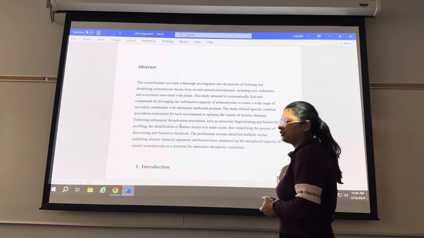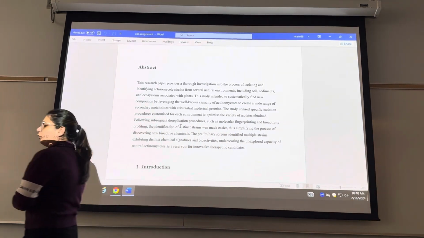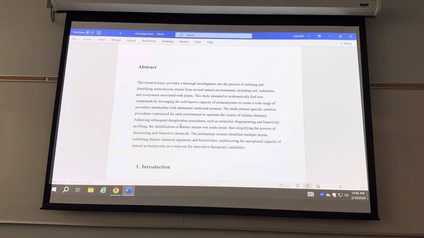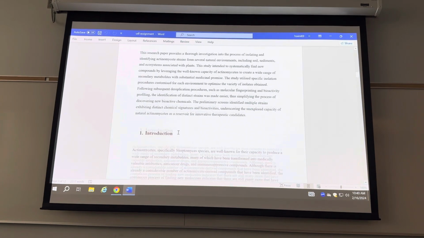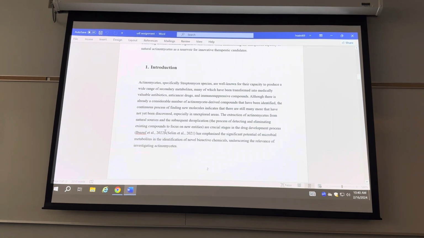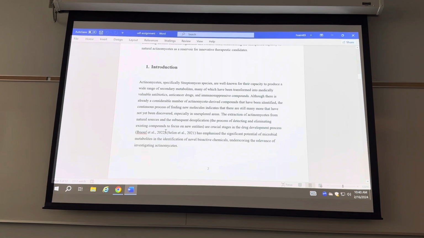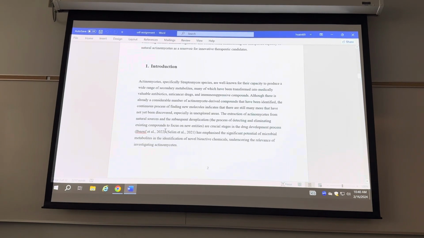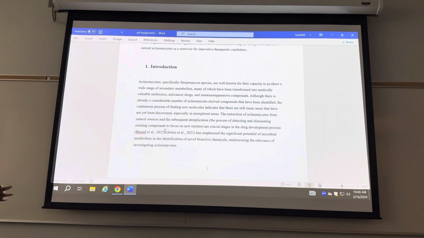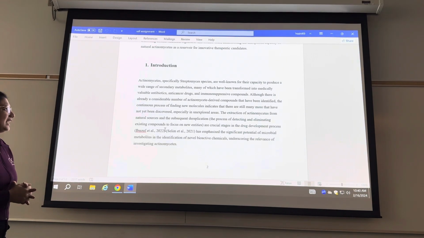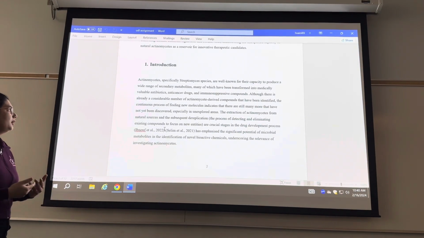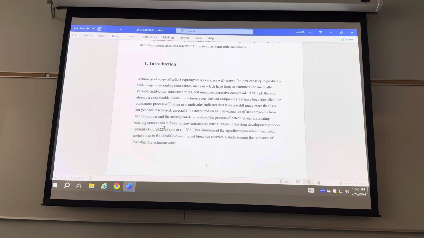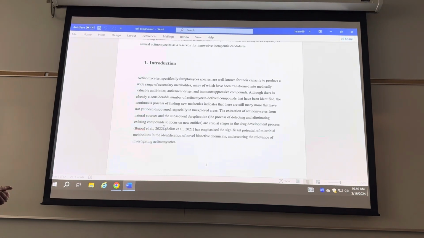Next, introduction. In the introduction, we are going to discuss what actinomycetes are. Actinomycetes is a genus which has the capacity to produce a wide range of secondary metabolites, which can be transformed into medicinally valuable antibiotics, anti-cancer drugs and immunosuppressive compounds.